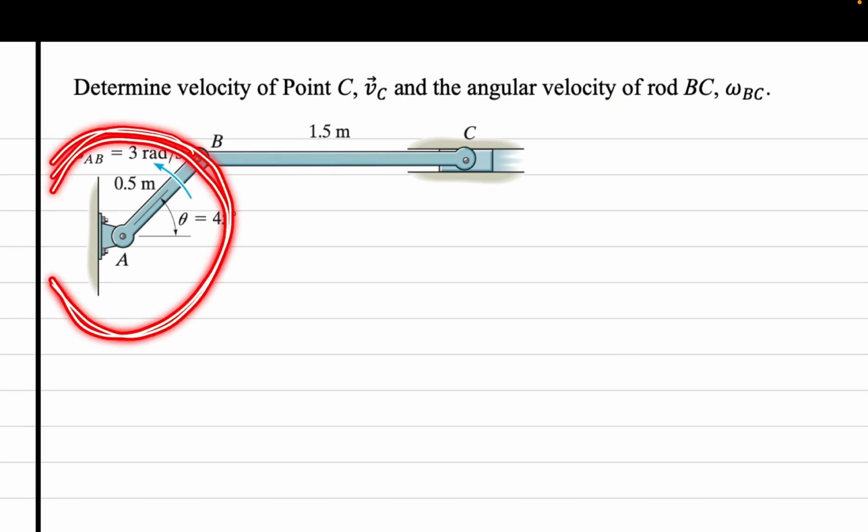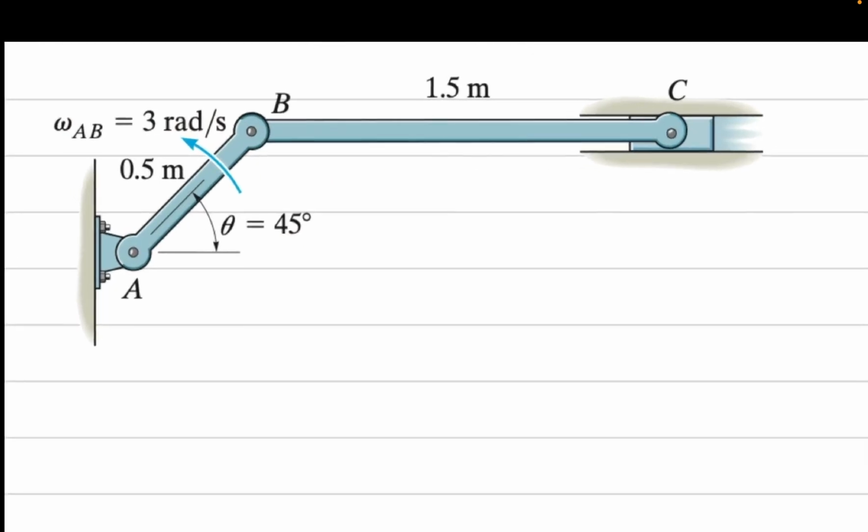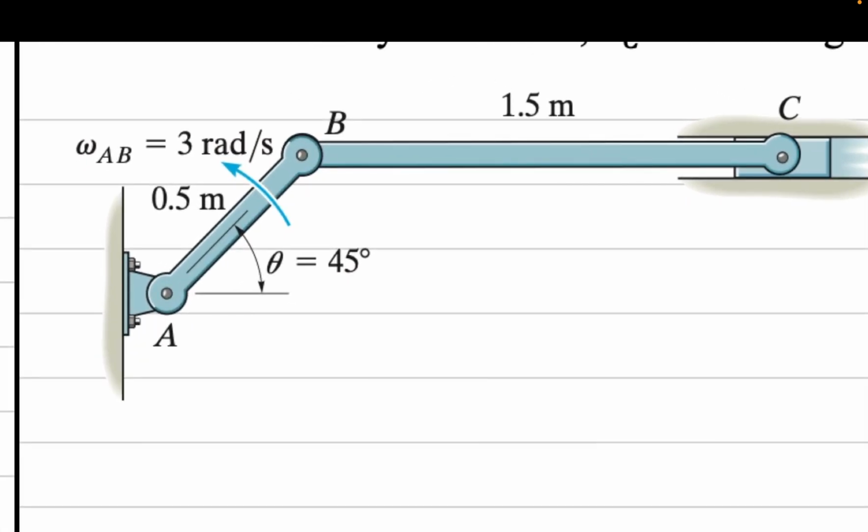This is the trajectory of point B moving around point A, because AB is rotating in anti-clockwise direction, and point C will therefore move left and right, left, right, depending on the rotation. So clearly this side here, AB, will be the rotation part.